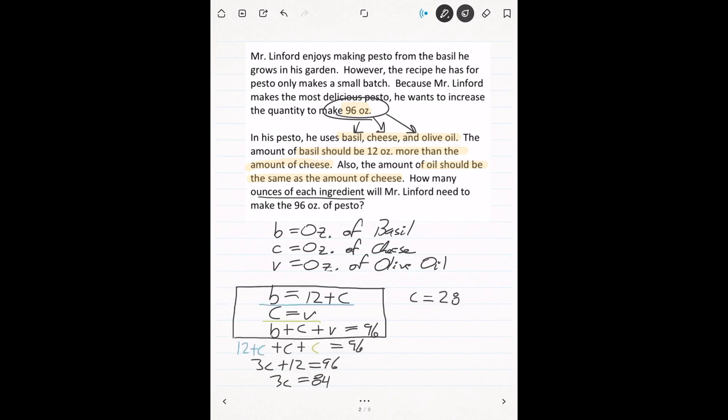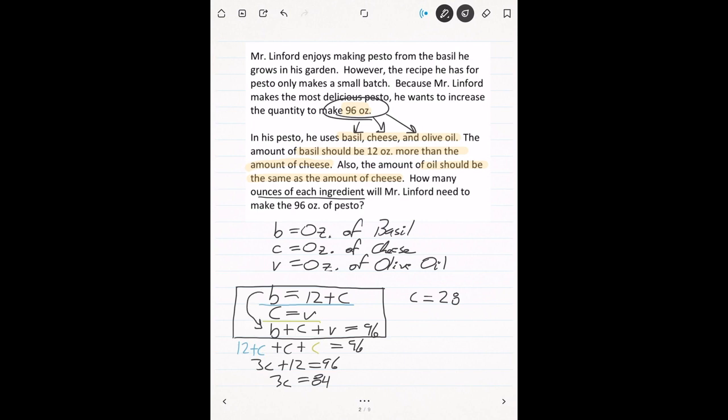All right, well, hopefully this was eventually able to make sense to you and you could do the substitution that we needed for this problem. You'll notice that in this system, I decided to work with the equation that had all 3 variables in it. And what I did here was I substituted the b equaling 12 plus c in for b.